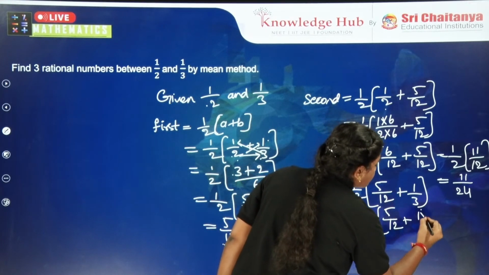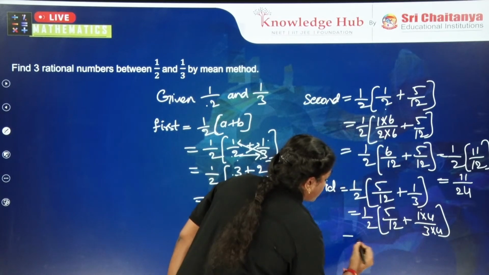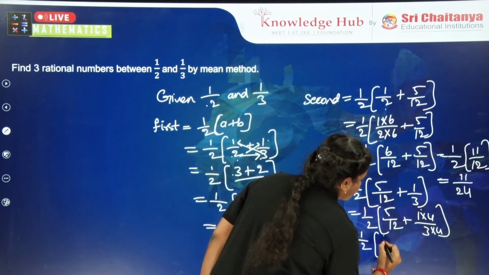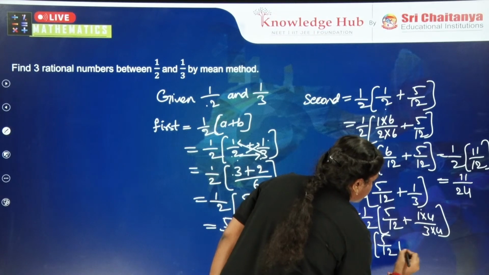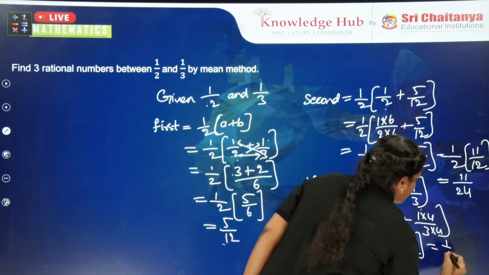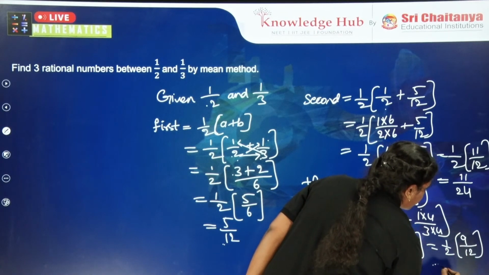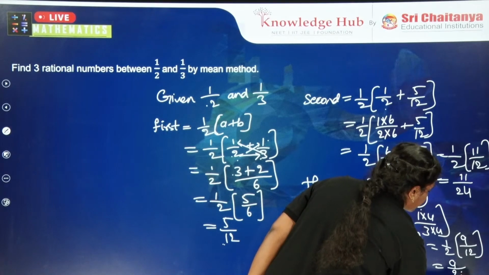So it will become 1 into 4 by 3 into 4, which equals 1 by 2 into (5 by 12 plus 4 by 12). So now it will become 1 by 2 into 9 by 12, which is nothing but 9 by 24.